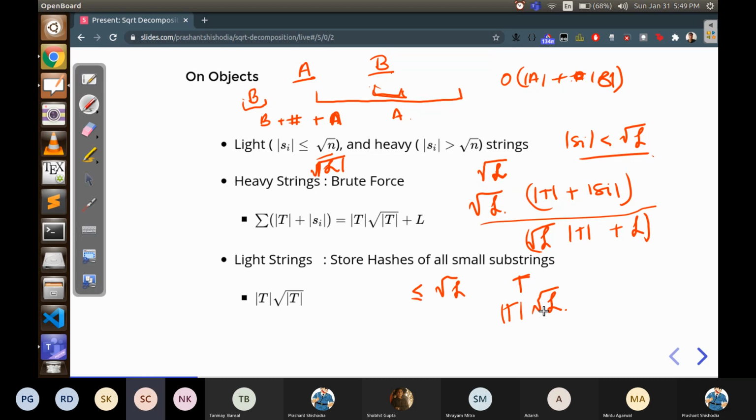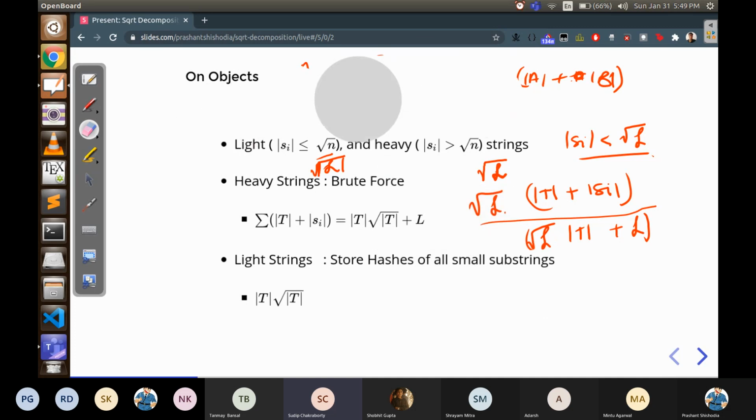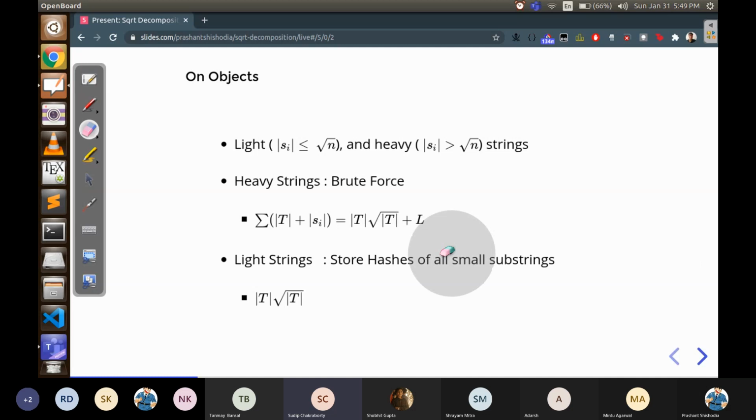Is that fine? L is the length of the sum of lengths of all strings. There is a lot of mess here, so I'll correct it right away, but I'll post the updated slides later too.